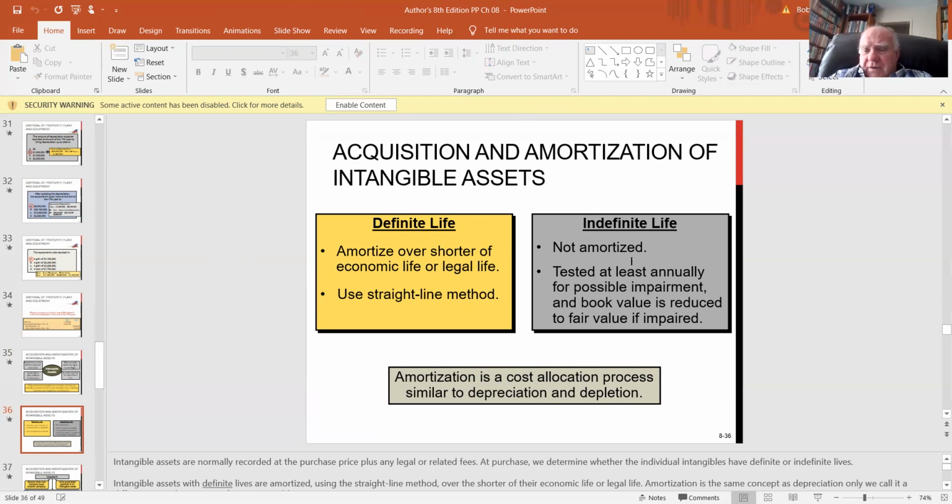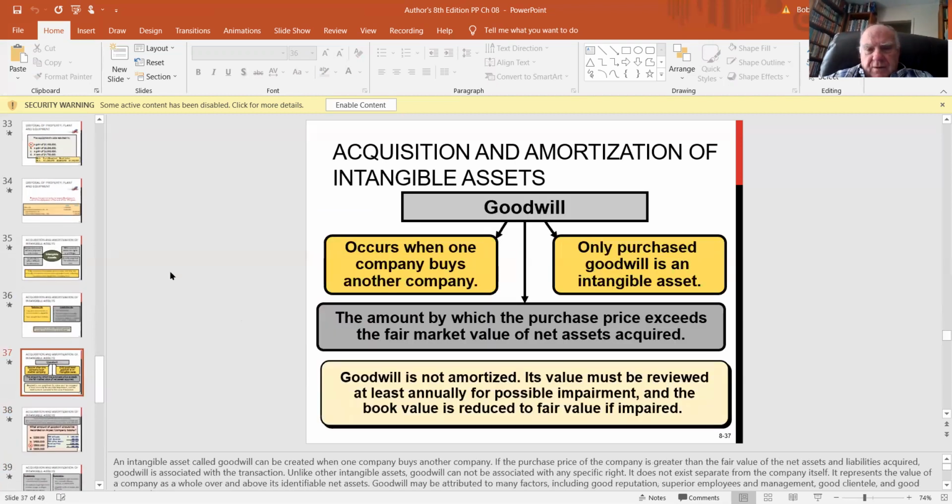All we can do is test it for impairment and see if we're still getting our money's worth. If not, we have to adjust. Amortization is a cost allocation process similar to depreciation and depletion. Goodwill. We're going to get a lot of goodwill in a couple of weeks when we get into the chapter.